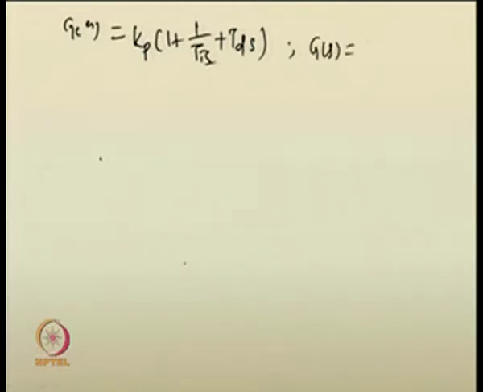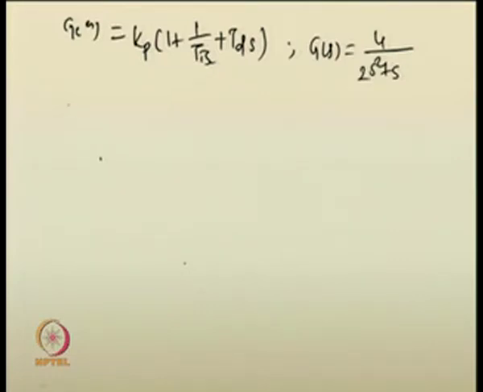Let the PID controller be given as Gc(s) equal to Kp times 1 plus 1 upon Ti s plus Td s, and we know our process to be 4 upon s squared plus 2 s squared plus s.